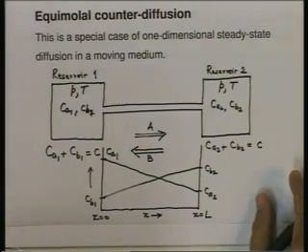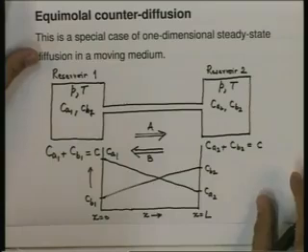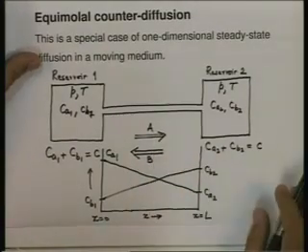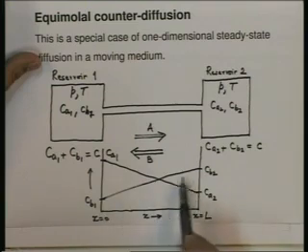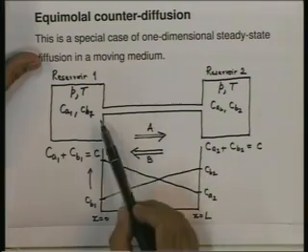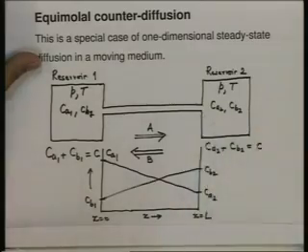Our aim is to obtain relations for these rates of diffusion and also for the concentration profiles in the duct connecting reservoir 1 to reservoir 2. We proceed as follows.